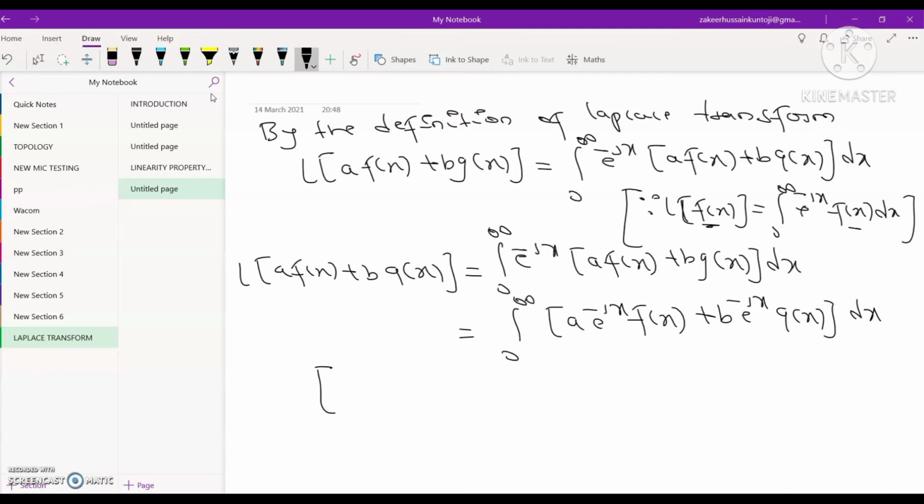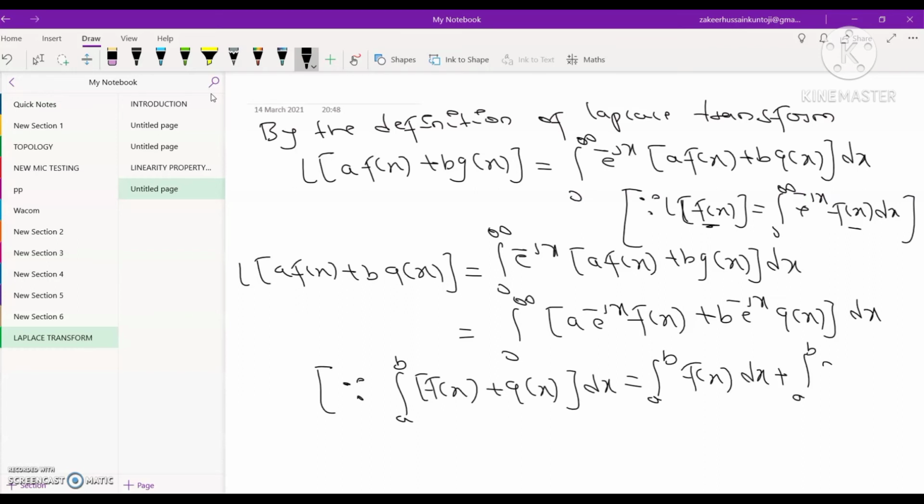And we know the property of the integral, that the definite integral of f of x plus g of x dx is equal to the integral from a to b of f of x dx plus the integral from a to b of g of x dx.